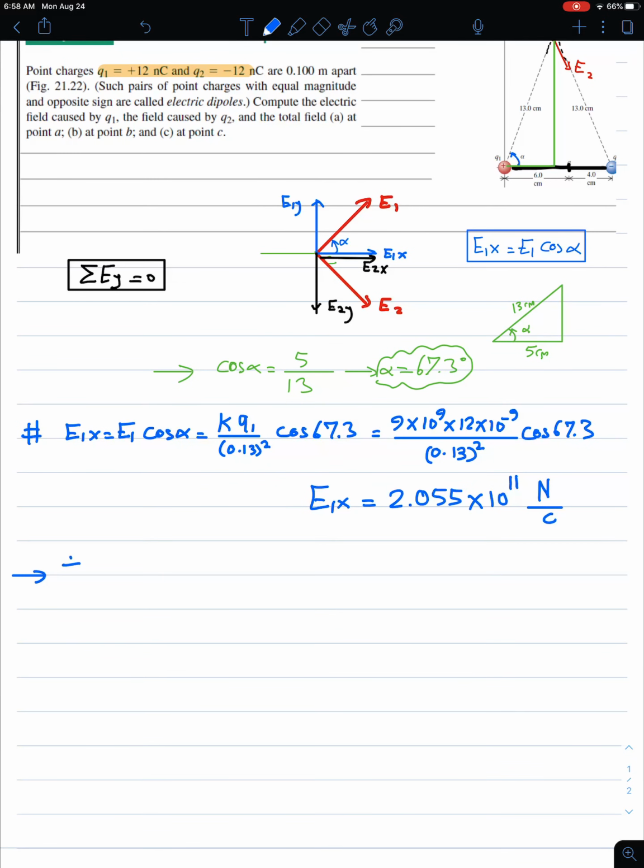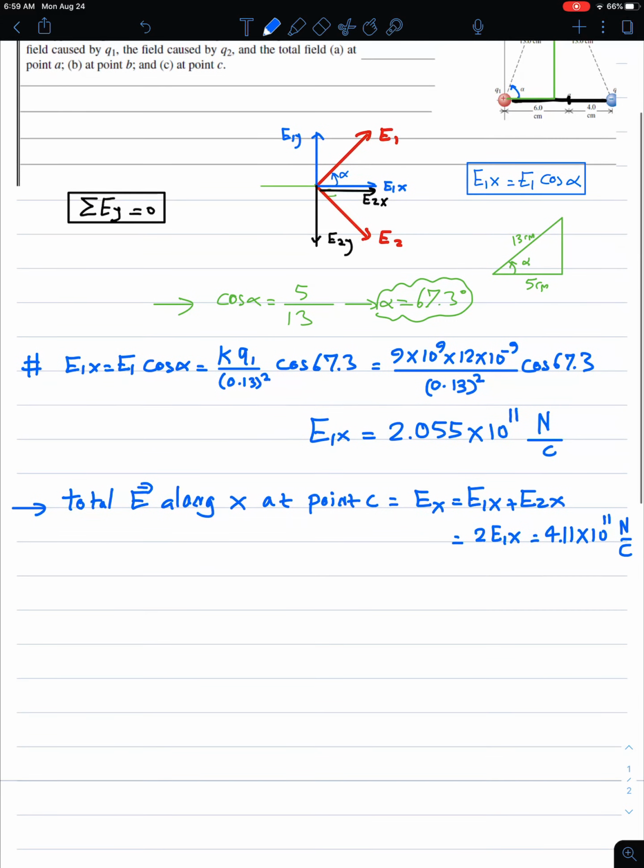The total electric field along x at point C is equal to E1x plus E2x, but E1x and E2x are identical, because E2x is due to the other charge and the distance calculation is the same. So I can just say 2 E1x. You multiply it by 2 and you get 4.11 times 10 to the power of 11 newtons per coulomb.